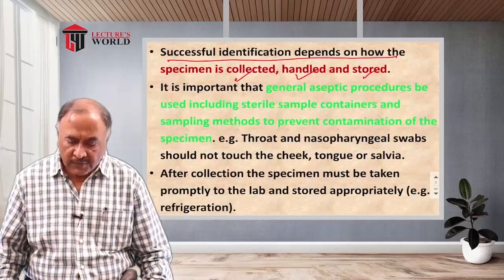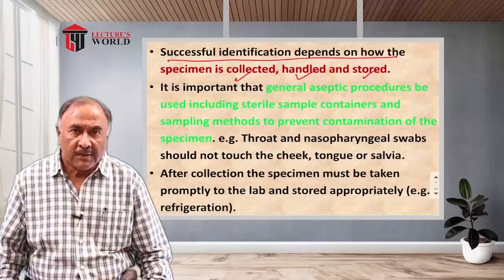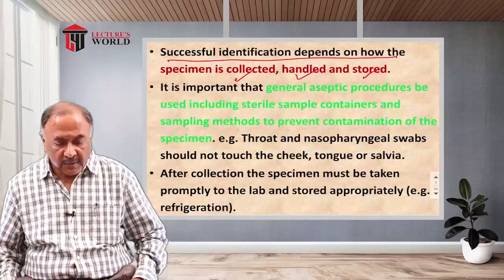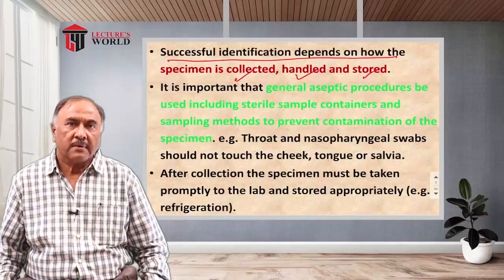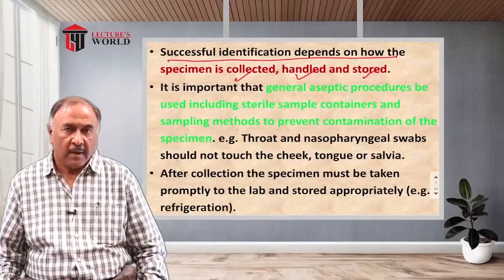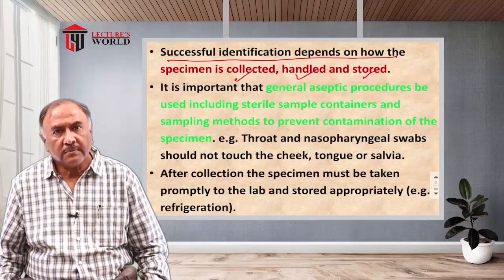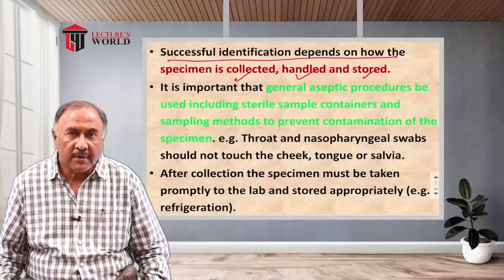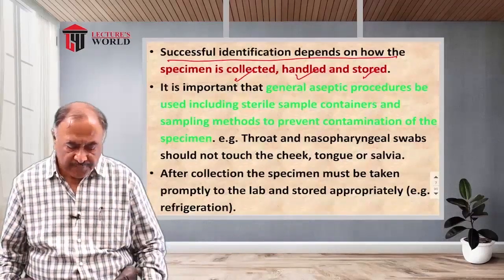So we take a clean slide, prepare a smear from the specimen, either directly or even by centrifuging the specimen. For example, if it is urine or other things, then the sediments are used for microscopic observations. Heat fixation is done, or we use some chemicals like methanol to fix the microorganisms on the slide.